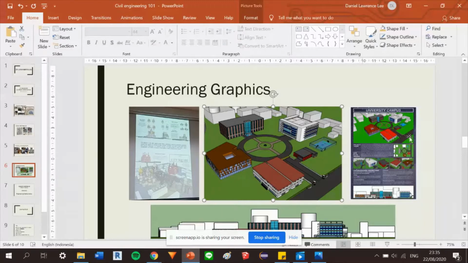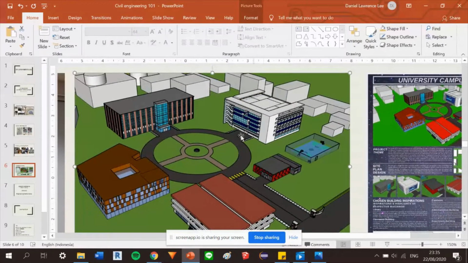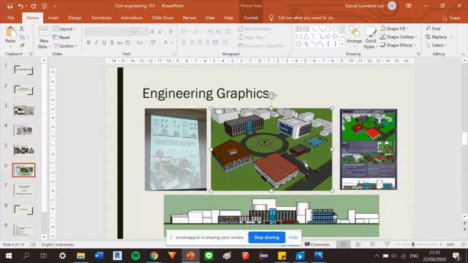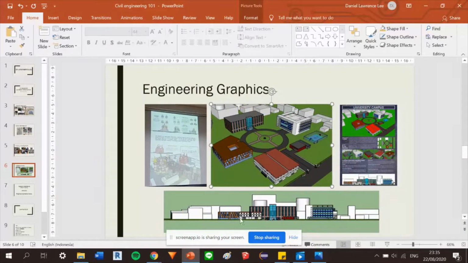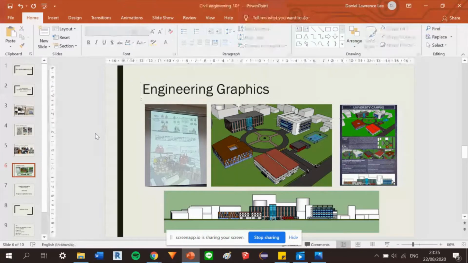Here we designed a university campus and all the buildings inside it. There are several buildings here, and we designed them using this application called SketchUp. And then this is how it looked. Yeah, it's very fundamental to the civil engineering world. And it's a lot of fun as well because you get to use and know a lot of applications.